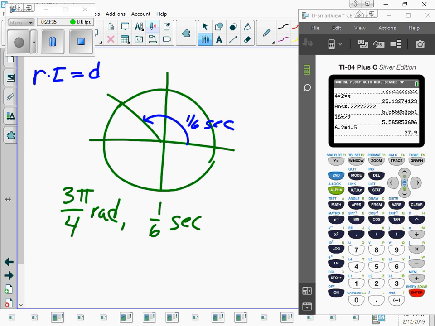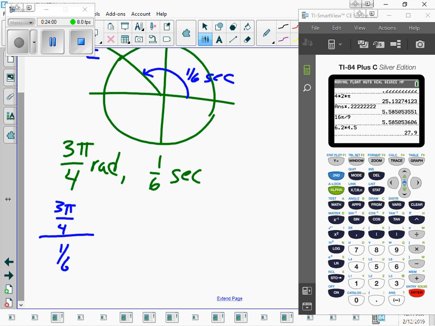We know how far we traveled, and we know how long it took to get there. I need to find the rate, so that's just going to be d divided by t. So 3 pi over 4 radians, and I'm actually not going to write radians, divided by 1/6 of a second.